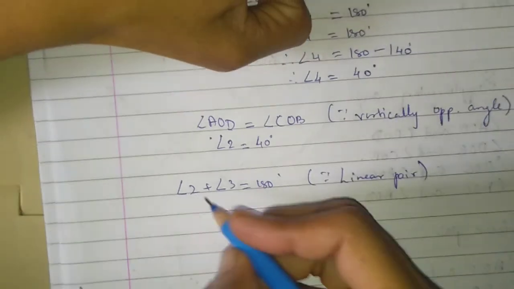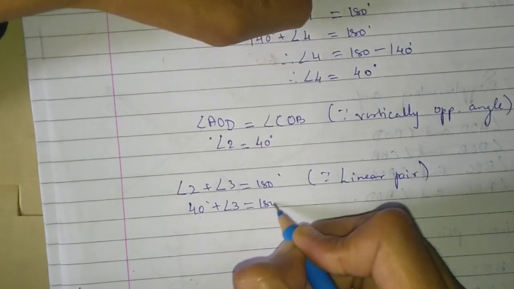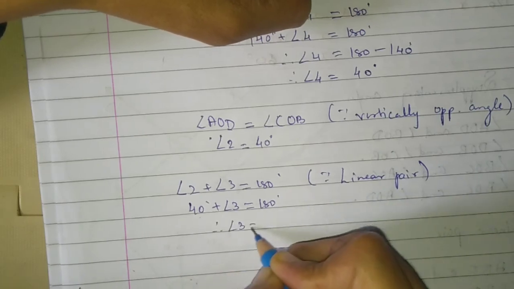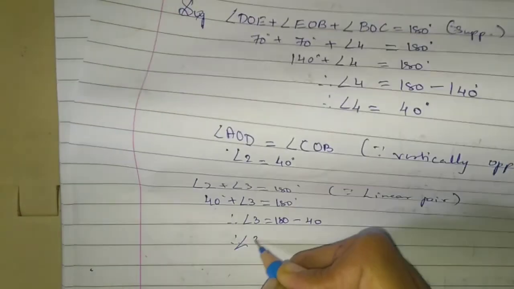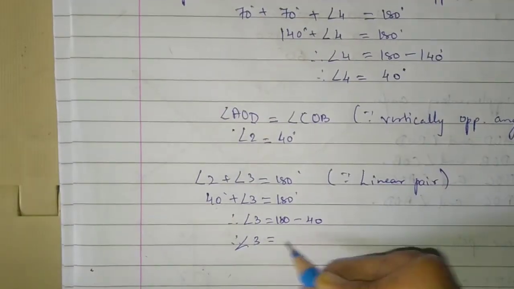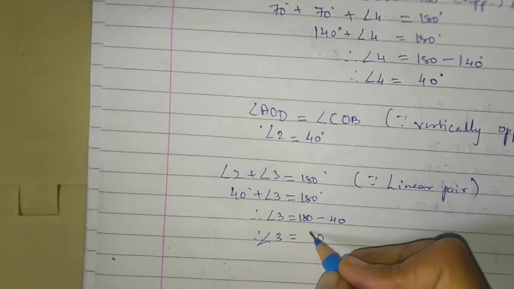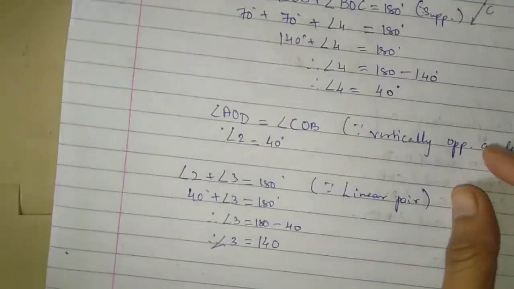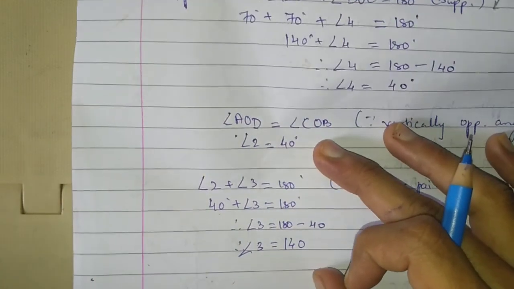So angle 2 we have 40, plus angle 3 equals 180. Therefore angle 3 equals 180 minus 40, which is 140. So we found angles 4, 2 and 3.